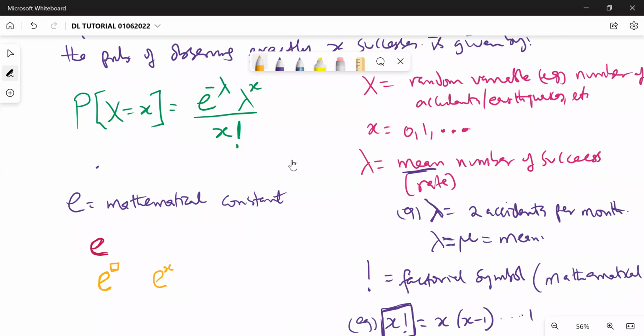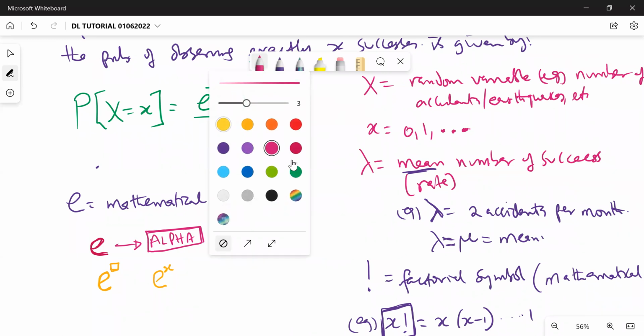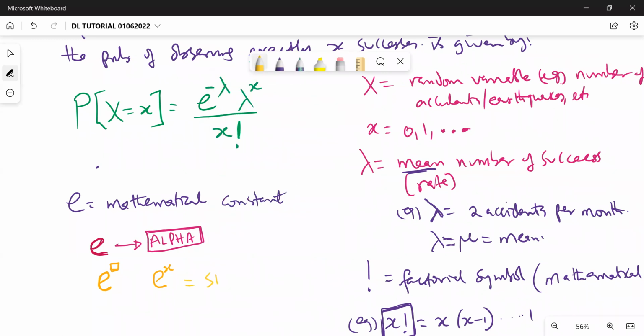If you want to get the E, which is of color pink, I'm assuming this is color pink, you need to use the alpha function on your calculator. And if you want to use the other E, you're going to use the shift function of your calculator. Using the alpha function might be very straightforward. You just need to press alpha, then you press the key which contains this.